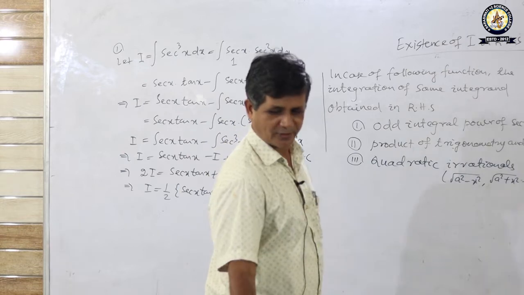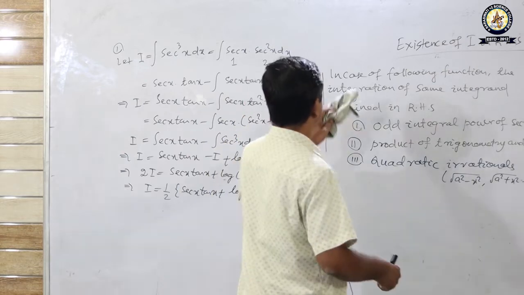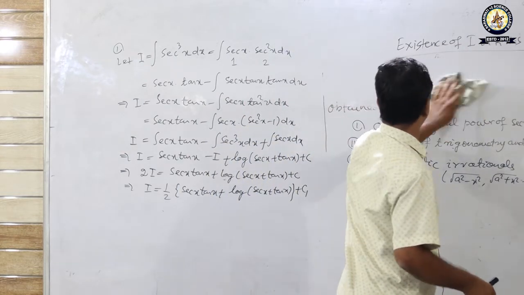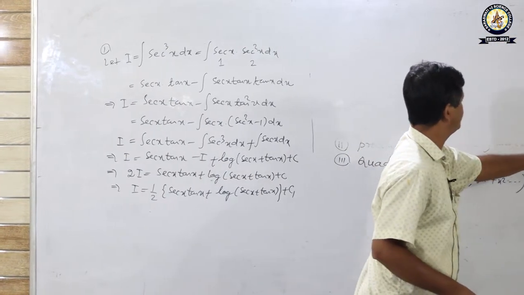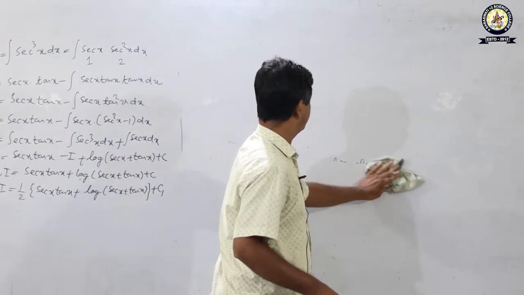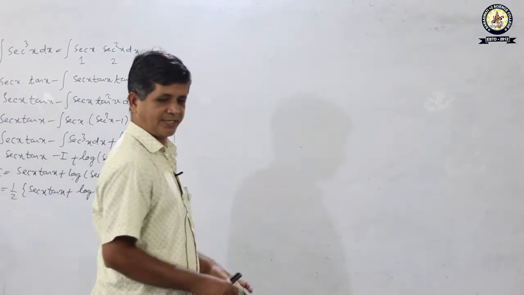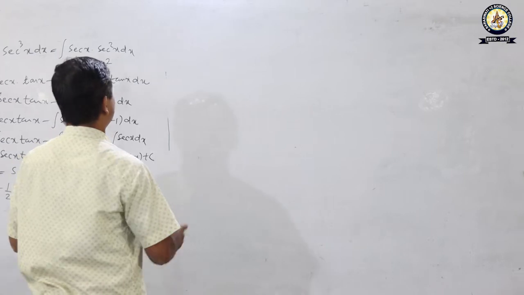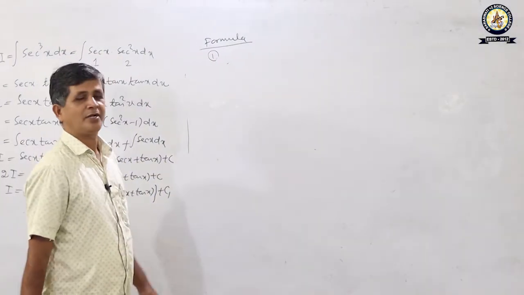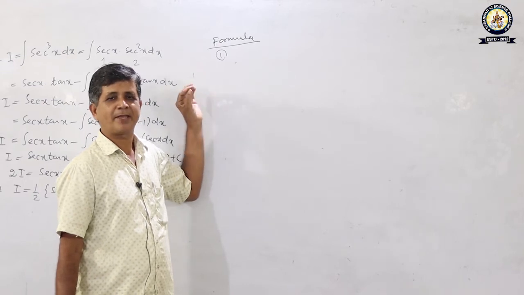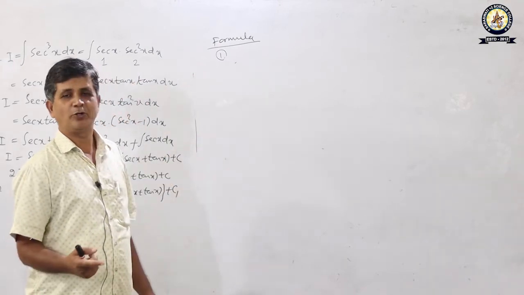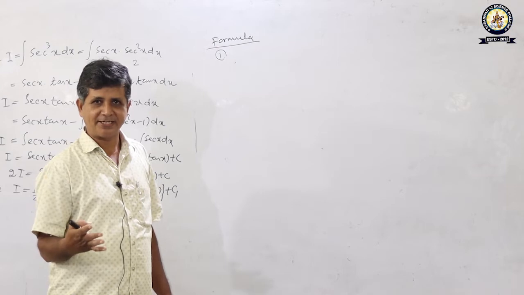Similarly, we can go for another example also, but now we will jump to some particular formulas in this section. In this section, dear student, we use some formulas in which the same integrand will be obtained on the RHS.